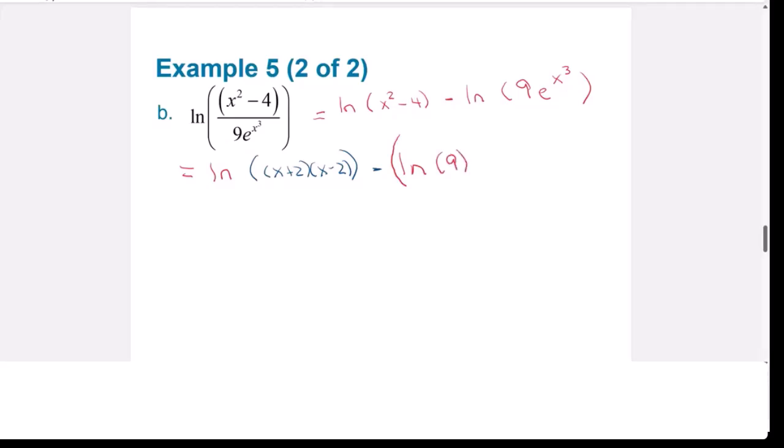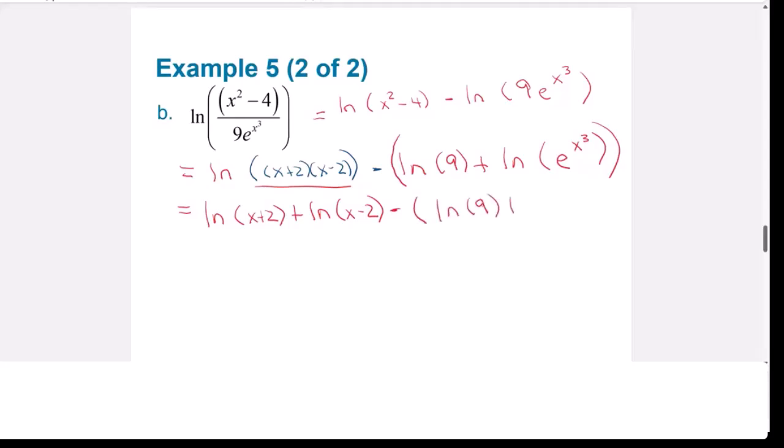Ln of 9 plus ln of e to the x cubed. Now I have a product again. I have ln of x plus 2 plus ln of x minus 2 minus parentheses ln of 9 plus, well, I have ln of e to the x cubed.